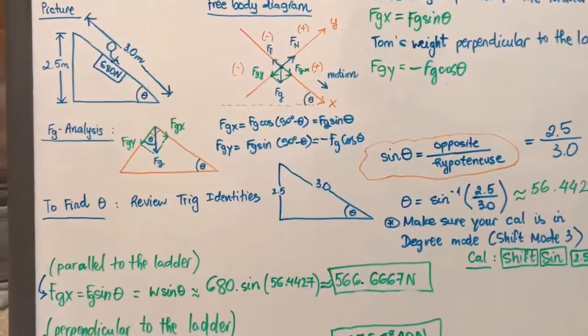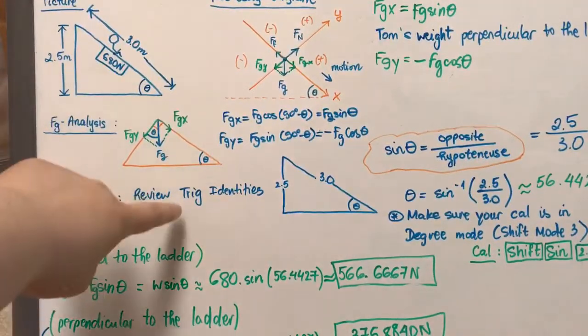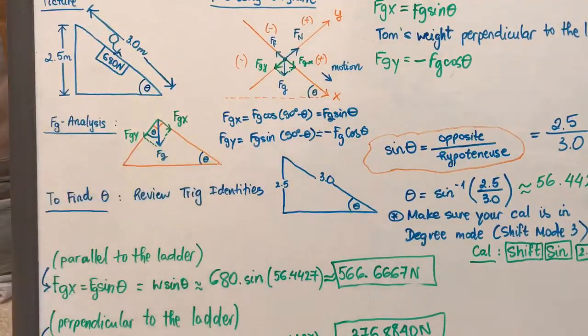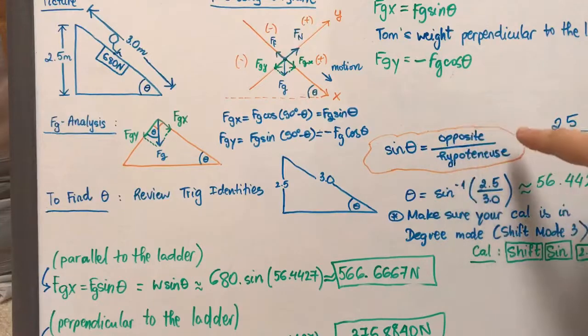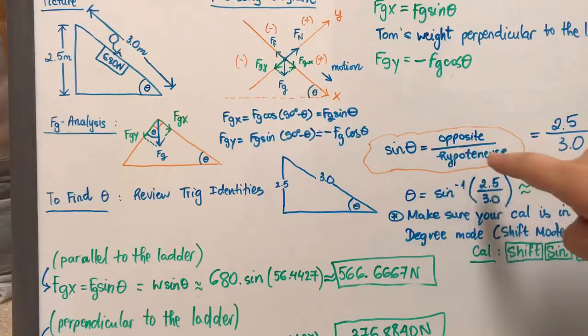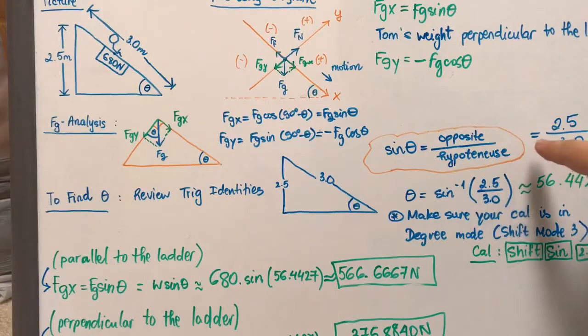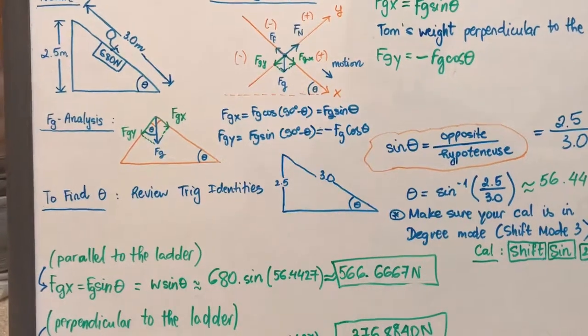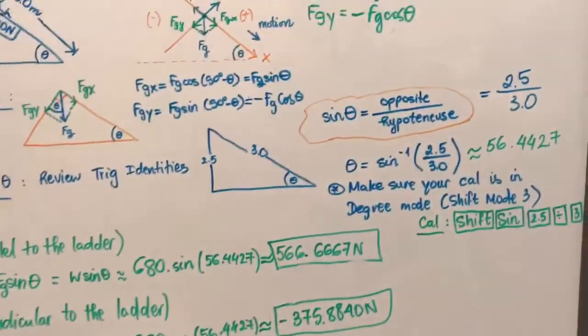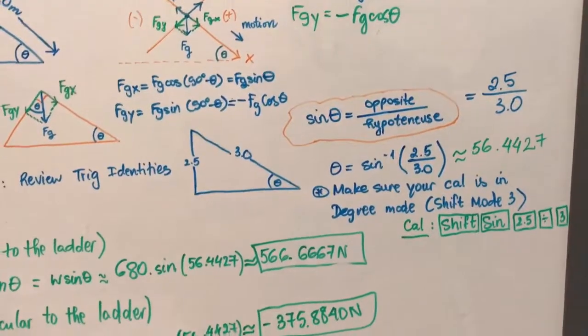To find the value of theta, let's review some trig identities. According to the formula, the sine of theta equals the opposite over the hypotenuse, which equals 2.5 divided by 3.0. To determine the value of theta, we can use the calculator to solve for it.